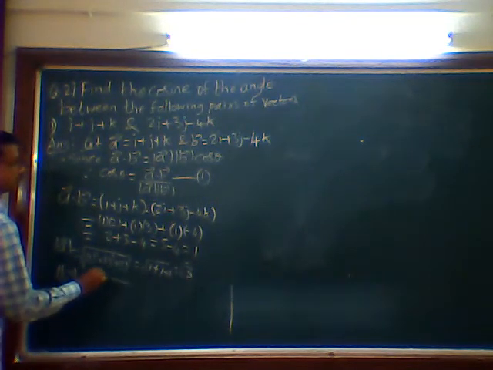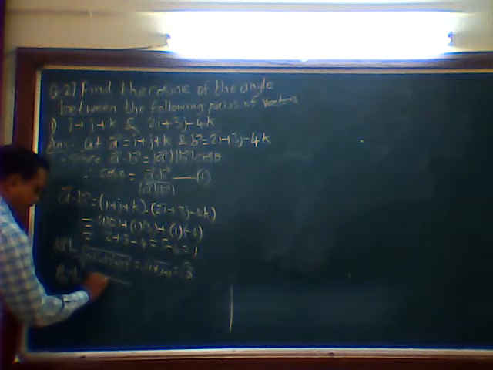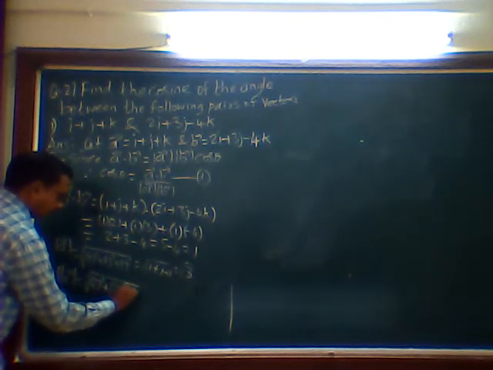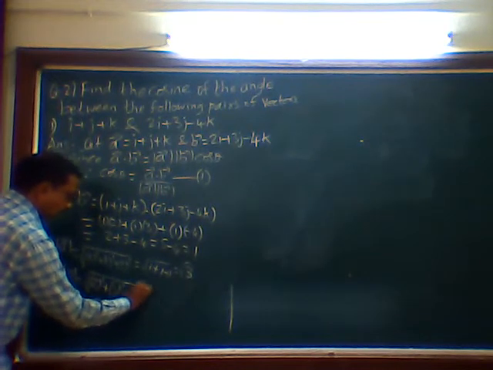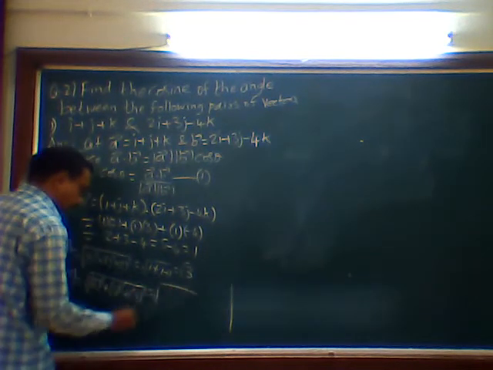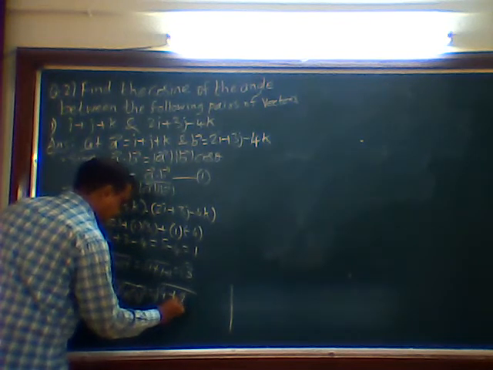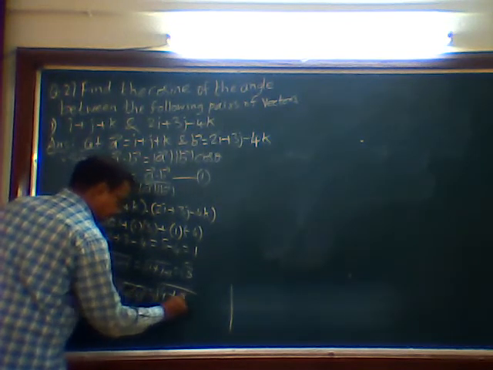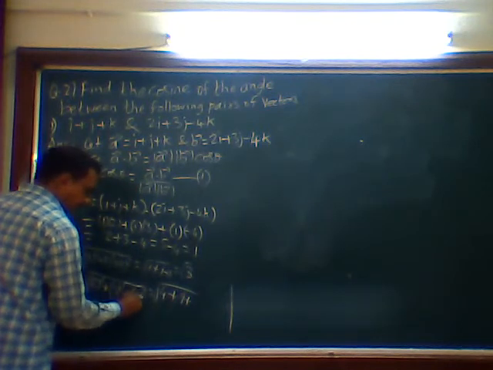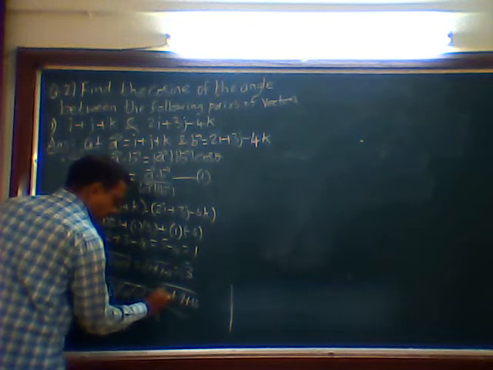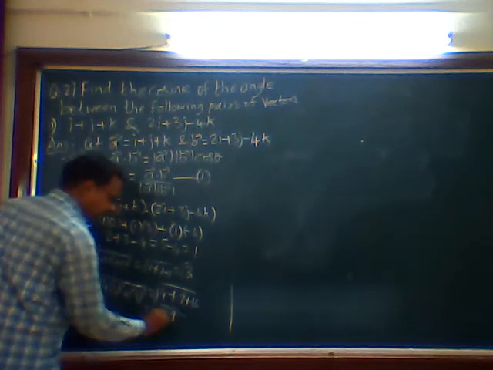Mod b bar is 2 square plus 3 square plus minus 4 square, which is 4 plus 9, then plus minus 4 whole square is 16. So how much is it? 16 plus 4 is 20, plus 9 is 29.